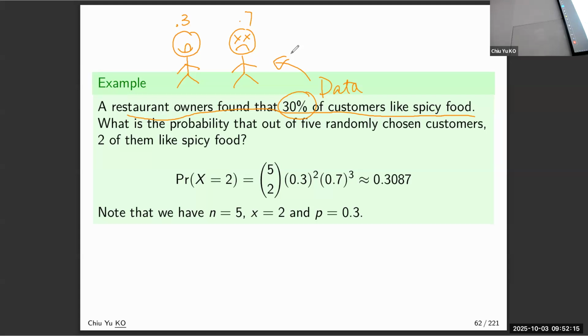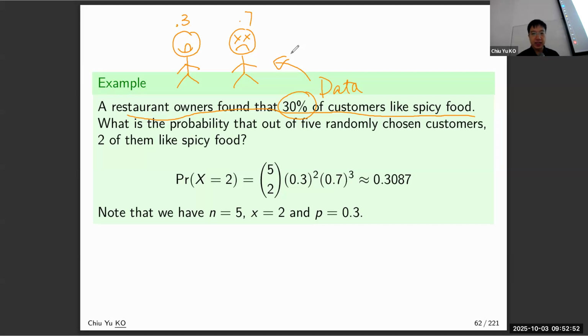That's the probability idea. Okay. Now the question is asking the following: if I have 5 customers expected coming this morning, they book a table, and the question is, what is the probability 2 of them would like spicy food, right? So how can you proceed, right? Of course, if you think about this, it is simply like a binomial distribution because each customer is randomly chosen, right?